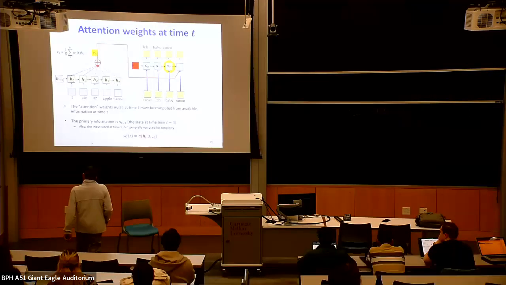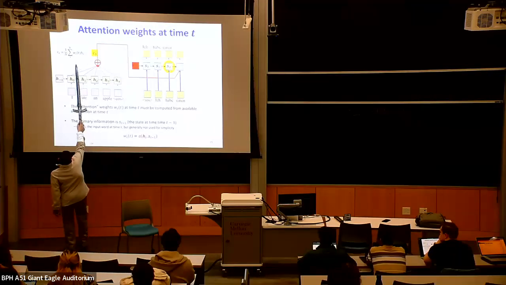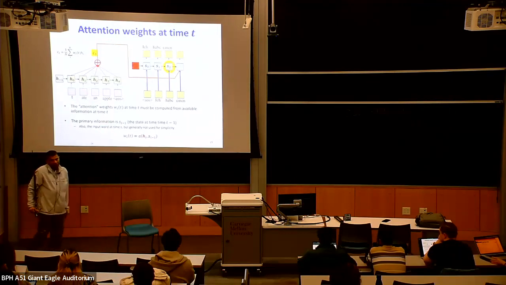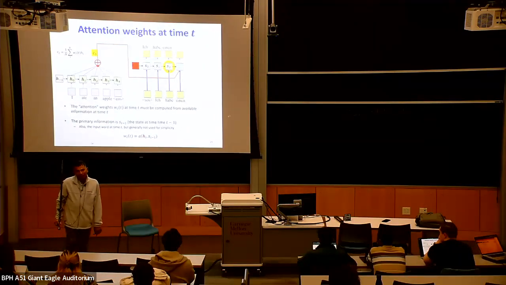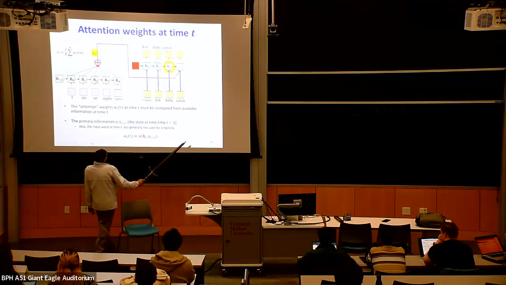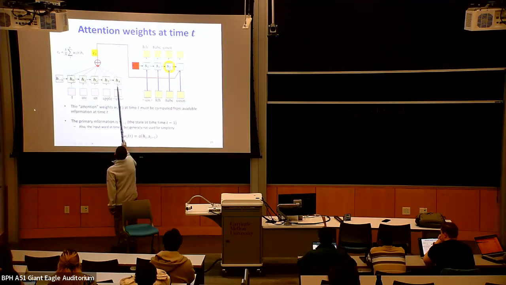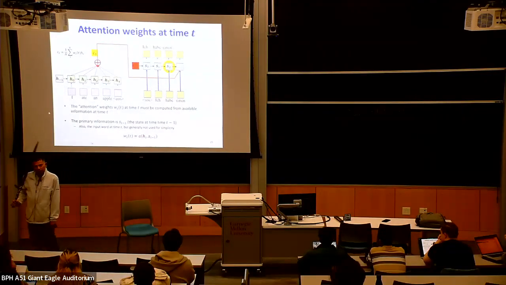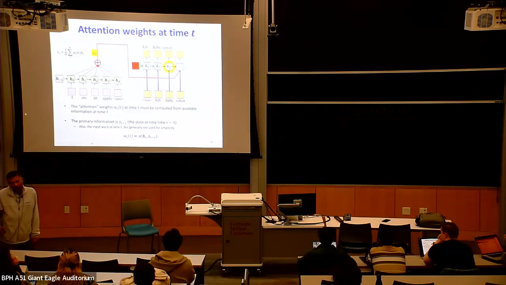It's basically a weighted sum of the h's. In this case, I have 1, 2, 3, 4, 5 h's corresponding to I, ate, an apple, end of sequence. And so the context used in the generation of any word is a weighted sum of these 5 hidden states. Does that answer your question? Yeah.